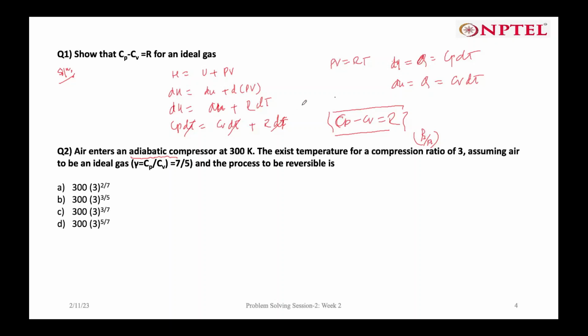So we have to solve for the exit temperature, right? Here T1 is given, and the pressure ratio P2 divided by P1 is given. So I have to calculate T2. Try to solve this one. This is based on the adiabatic process.